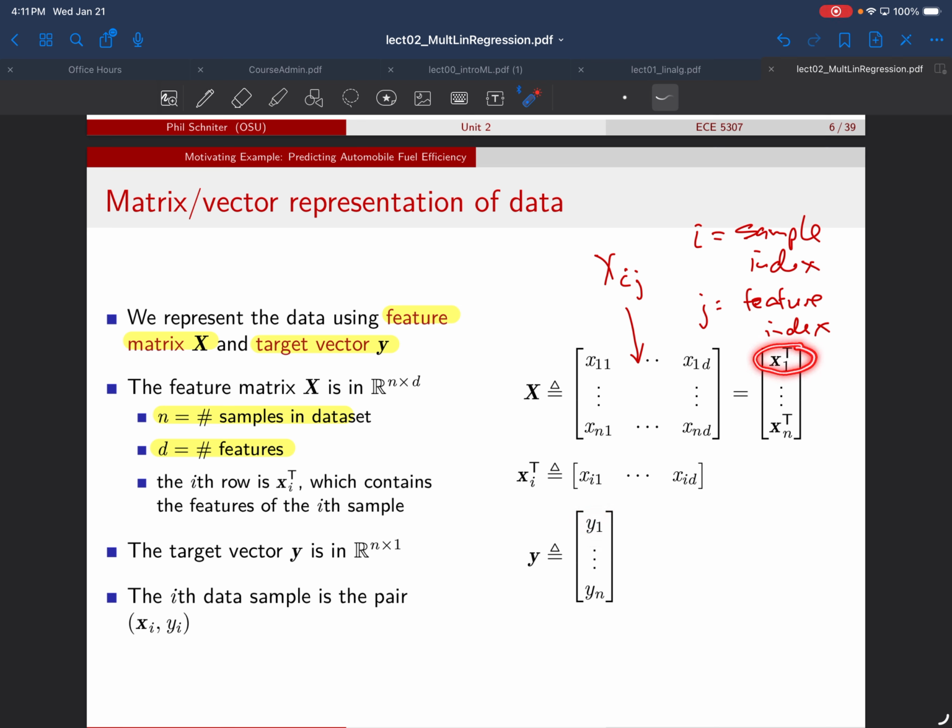In this case, it's a row vector of the different things you will use to predict that target. And so we always have n samples in our data set. So we have n of these rows in the X matrix that contains the features, and n rows in this Y column vector that contains the targets.